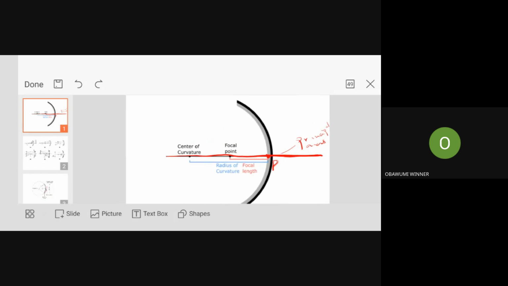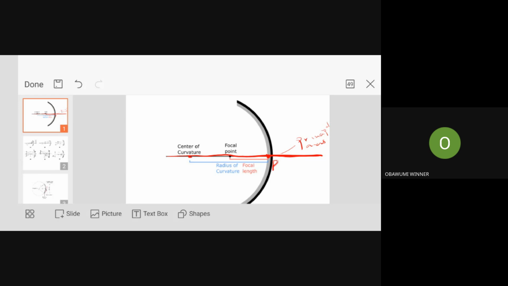So this point here is called the center of curvature, and it is assumed to be the center of the sphere from where we cut out this portion of the concave mirror. Don't forget that. And the distance from the center of curvature to the pole is called the radius of curvature.